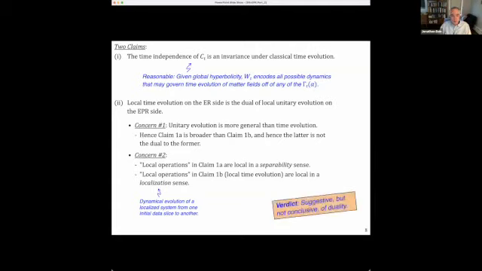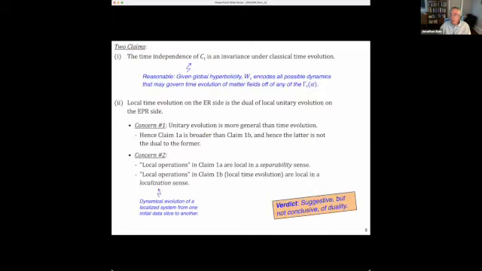So while the similarities between these two theorems are suggestive of a possible link between entanglement and wormhole connectivity, I would suggest that the similarities are not conclusive of such a duality.